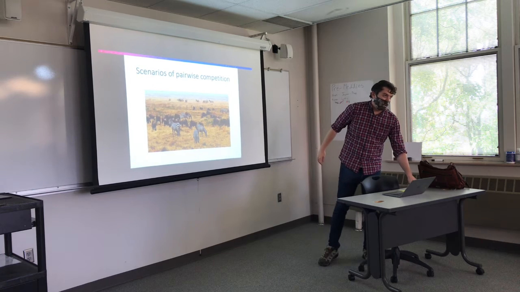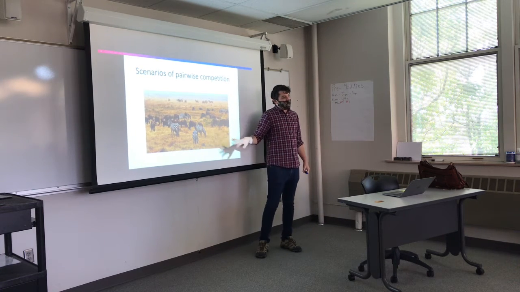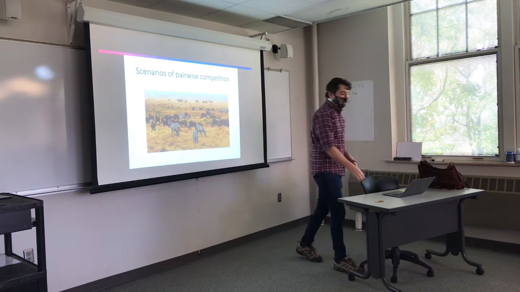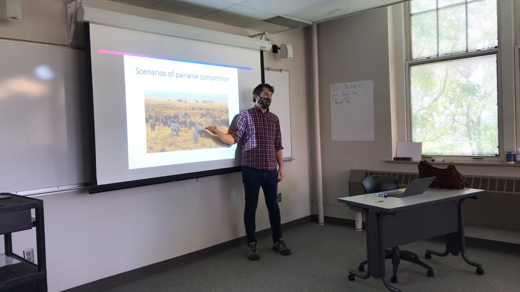And the zebras are probably going to prefer the grass, maybe the wildebeest eat more of the forbs or meadow herbs that are there. So having an individual wildebeest doesn't affect the zebras the same way as having another zebra does.